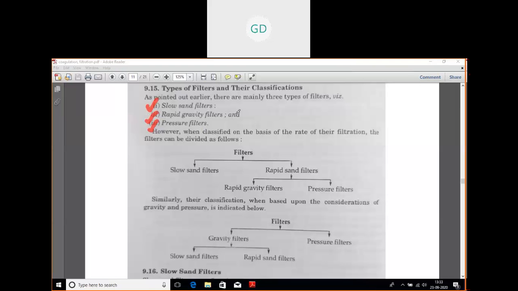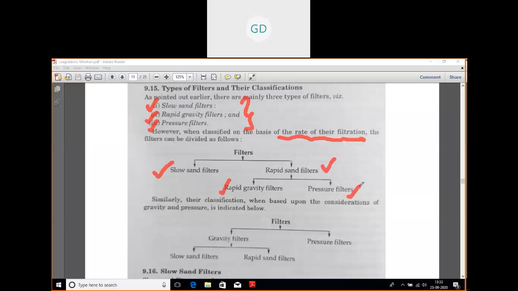But these three filters are also classified on the basis of their rate of filtration. If someone asks you what are the types of filters based on their rate of filtration, then you will say that number one is your slow sand filter, then rapid sand filter. Again, rapid sand filter is divided into two, that is your rapid gravity filters and pressure filters.